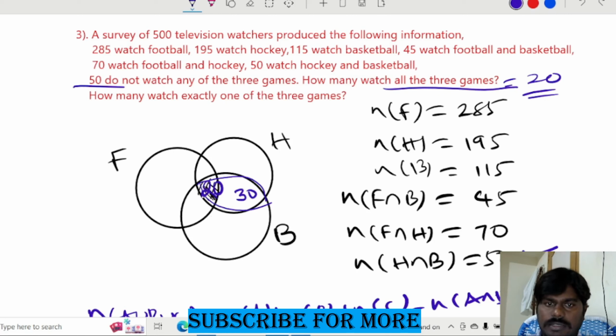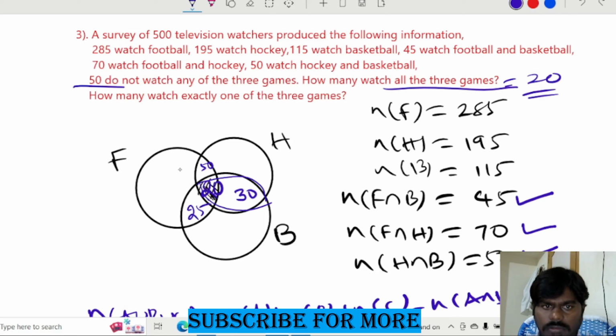Next, F intersection H is there. F intersection H means this portion, and they have given 70. So 70 minus 20 means 50. Next, F intersection B is 45. So 45 minus 20 means 25.